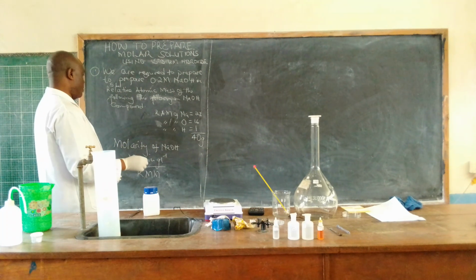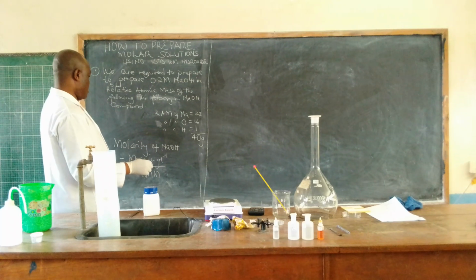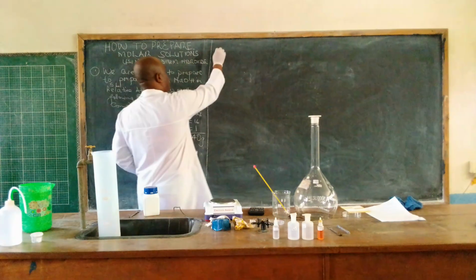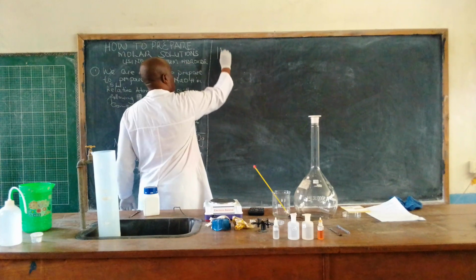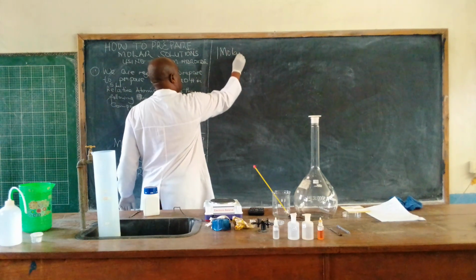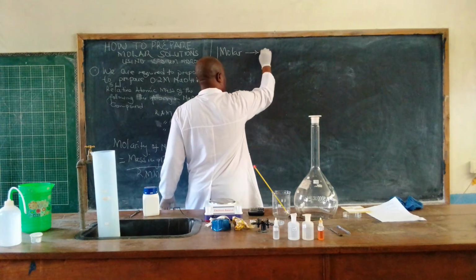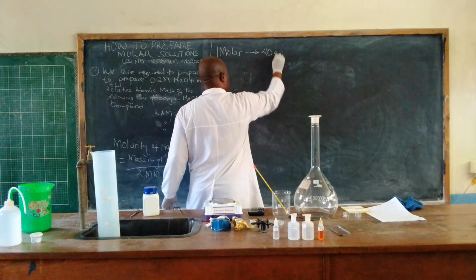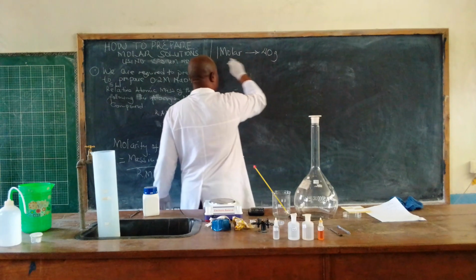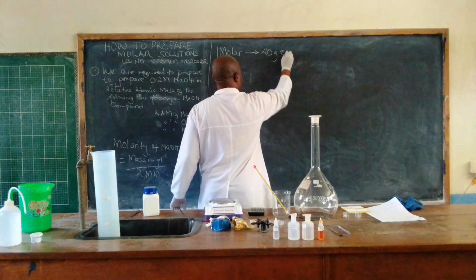So we are going to approach it this way. Since for 1 molar we will weigh 40 grams of sodium hydroxide.